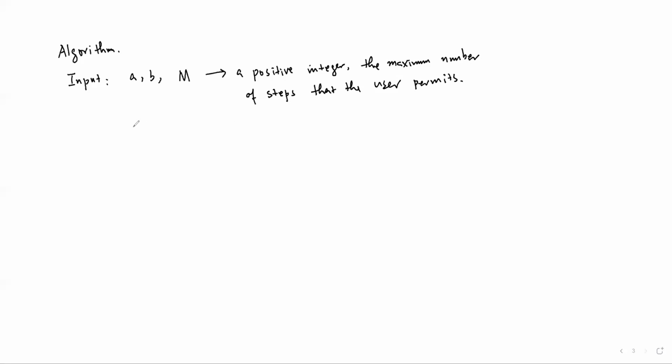Then you need to input delta, a small positive number, and epsilon, a small positive number, both positive.